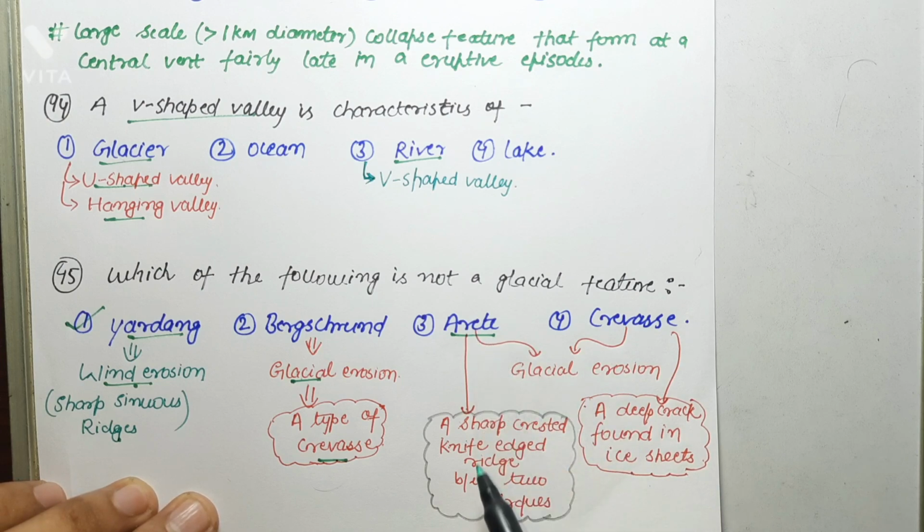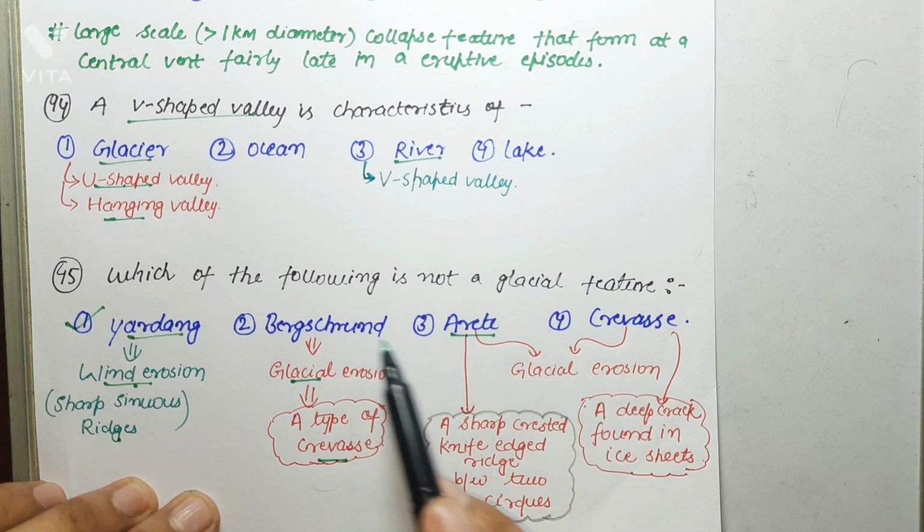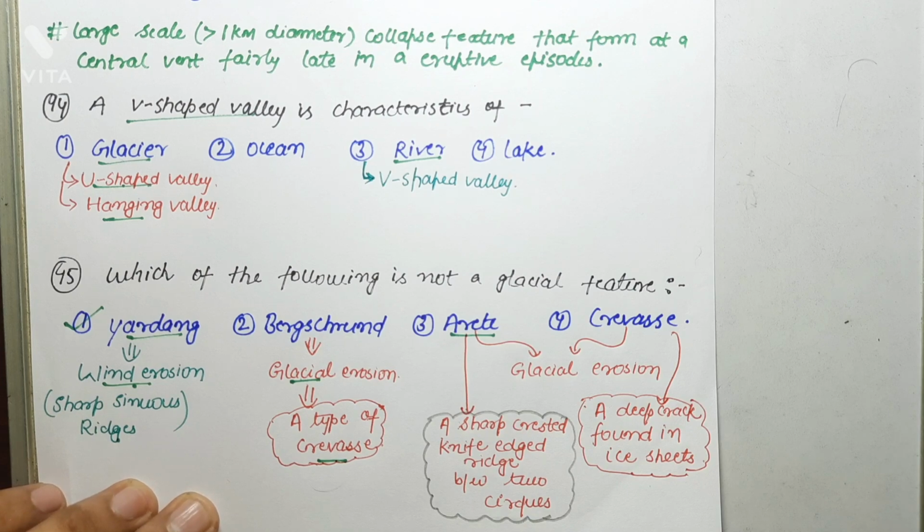Arete are a sharp crested knife edge ridge between two slopes, while crevasse are a deep crack found in ice sheet simply. And Bergschrund, I told you that these are a type of crevasse which separates moving ice from ice that is not moving. Okay, so let's go to next question.